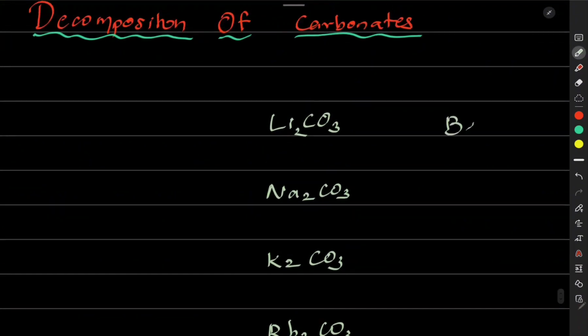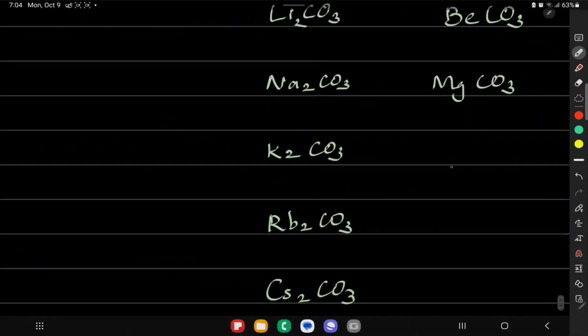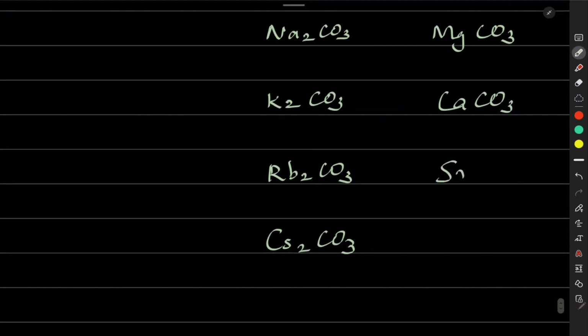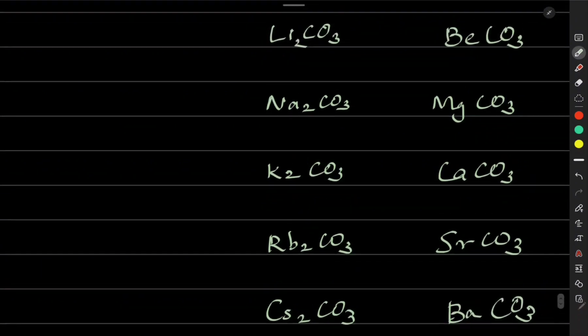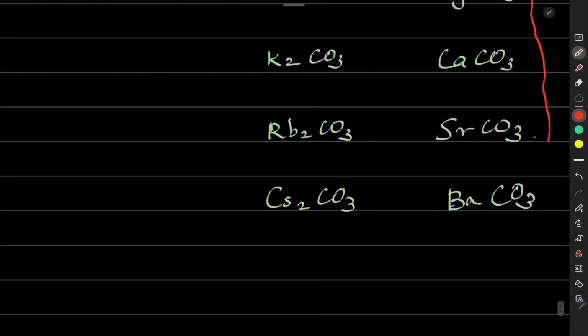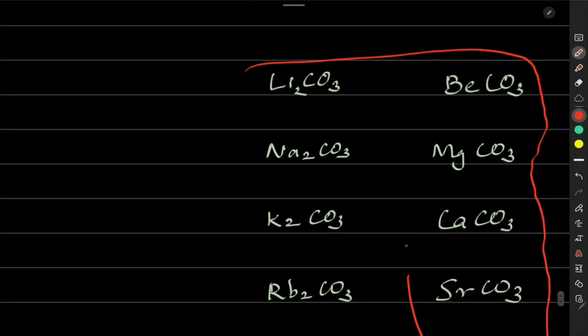Here are beryllium carbonate, magnesium carbonate, calcium carbonate, strontium carbonate, and barium carbonate. We separate these as group 1 elements and group 2.